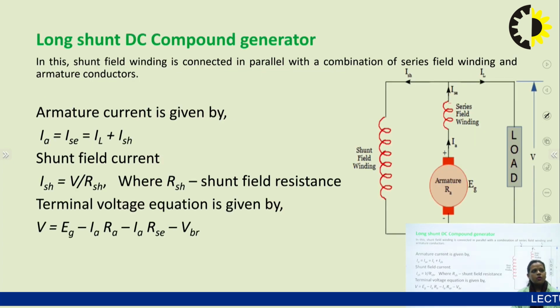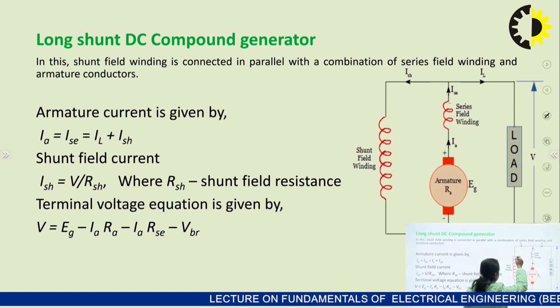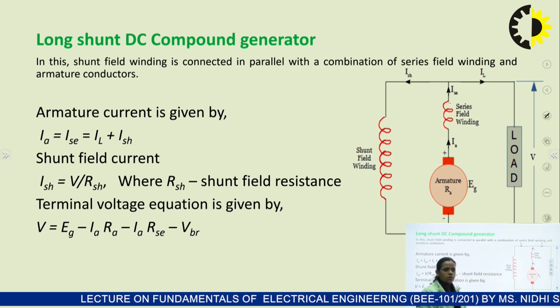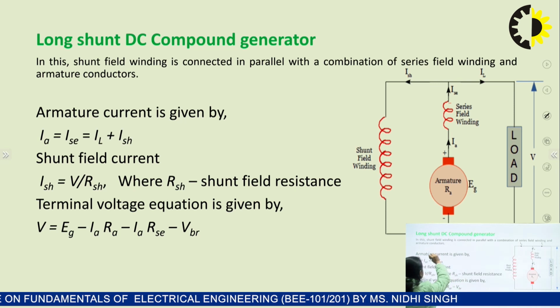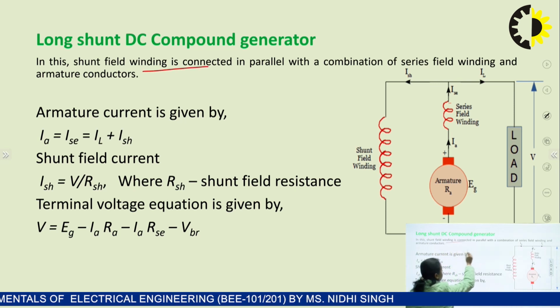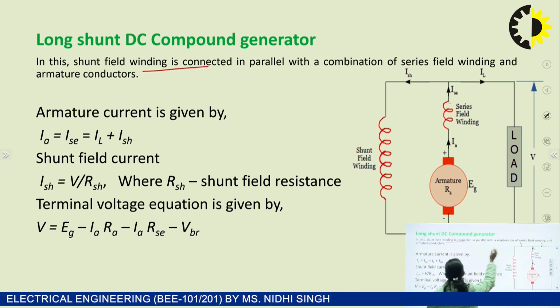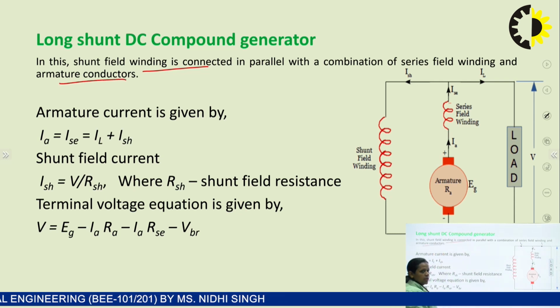So we have the long shunt DC compound generator. Here we can see the armature is connected with a series field winding and the shunt field winding is connected across this structure. This is called a long shunt DC compound generator. The shunt field winding is connected in parallel with the combination of series field winding and the armature conductor.